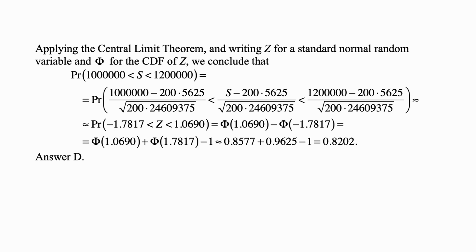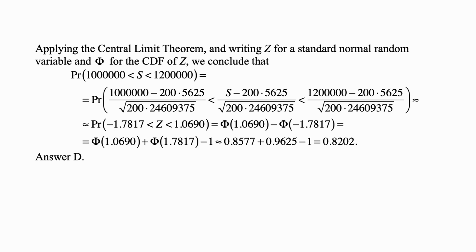And the question is, what is the probability that S, the total payout, not total loss, total payout, for 200 such policies is between 1,000,000 and 1,200,000? What's the probability that 1,000,000 minus 200 times the mean, which is the mean of the sum of 200 policies, over the square root of 200 times the variance for an individual policy that we calculated?